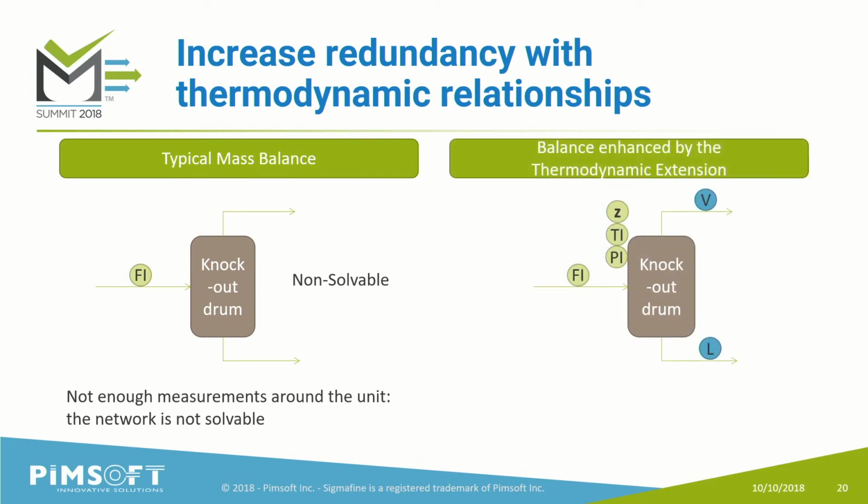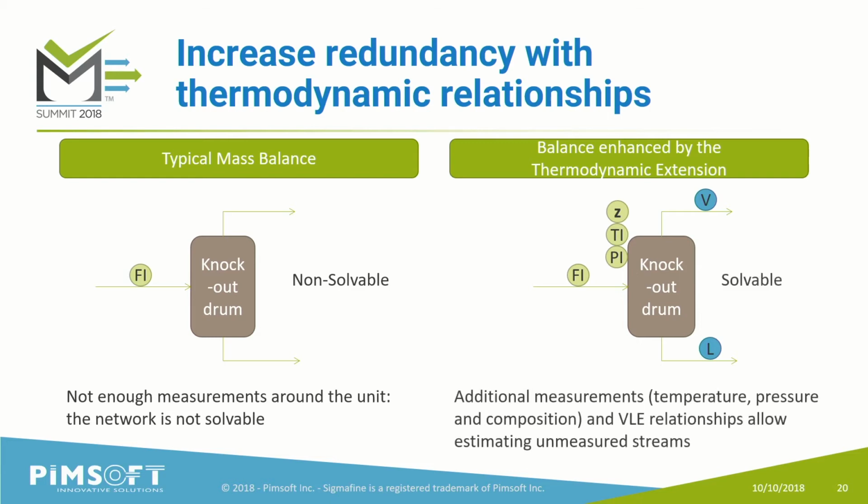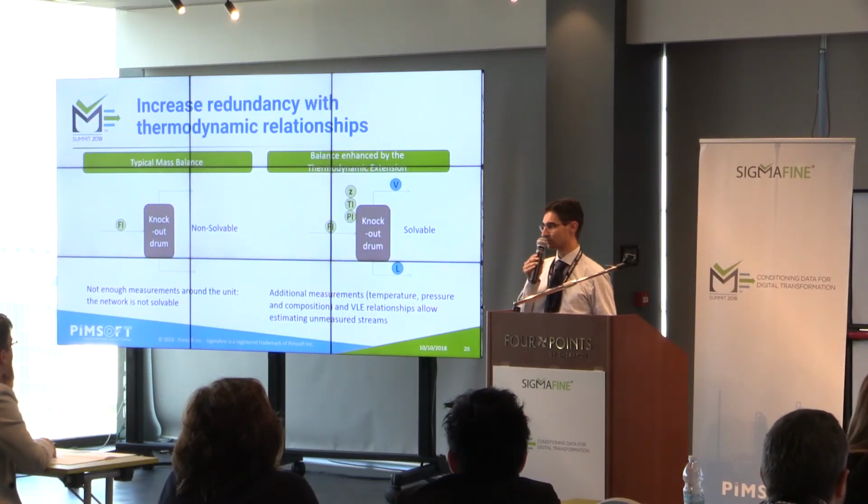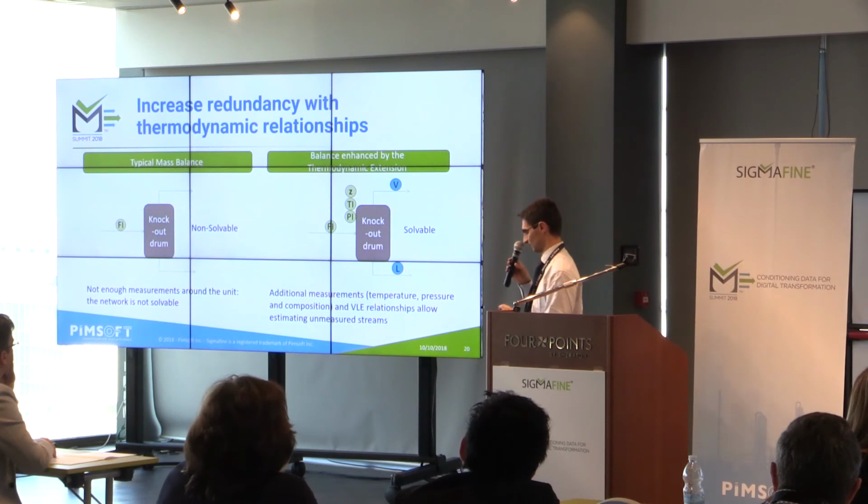But if we also know the composition of the stream and the temperature and pressure measurements, then through the thermodynamic extension, we can estimate the separation of the two phases, and so the vapor and liquid flows. So now the system becomes solvable. So this is another way to improve the redundancy of a model.